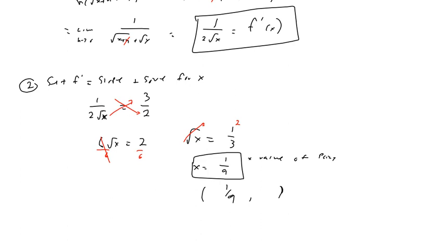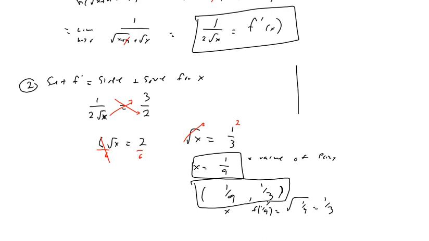I plug it into the f equation. F of 1/9 is the square root of 1/9, which is 1/3. So that's my y value. X and y: 1/9, comma 1/3. That coordinate point is the location on the square root graph.